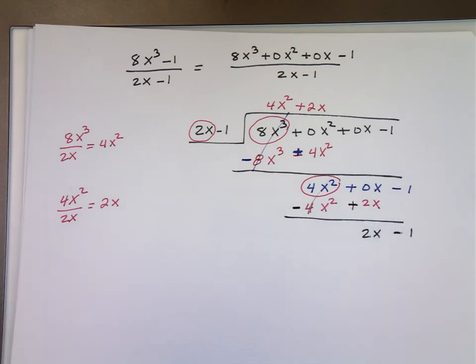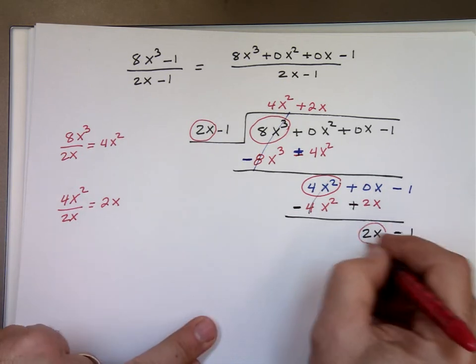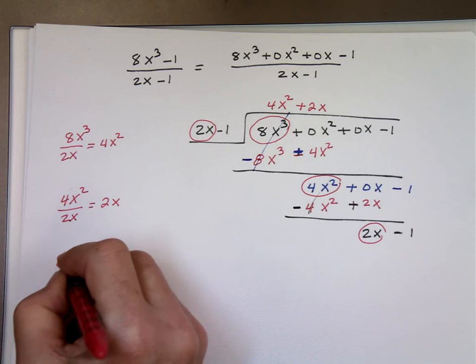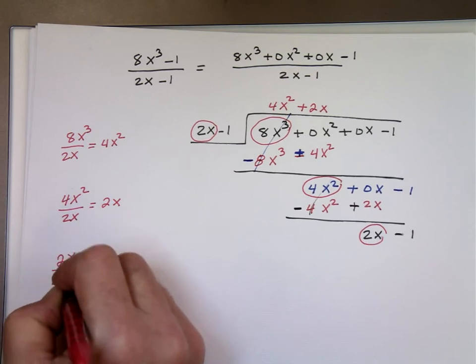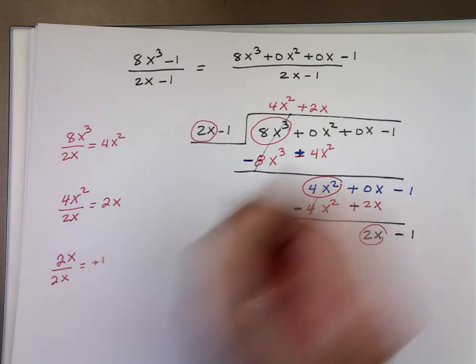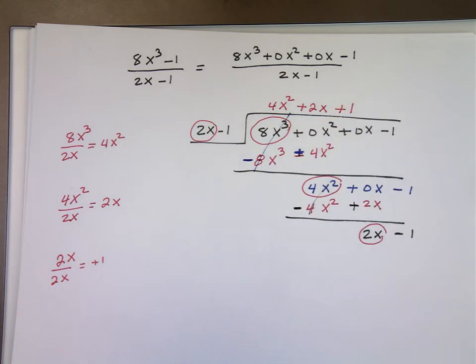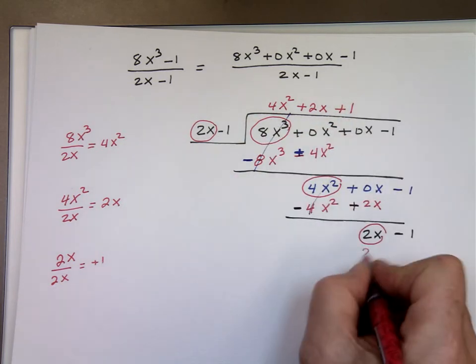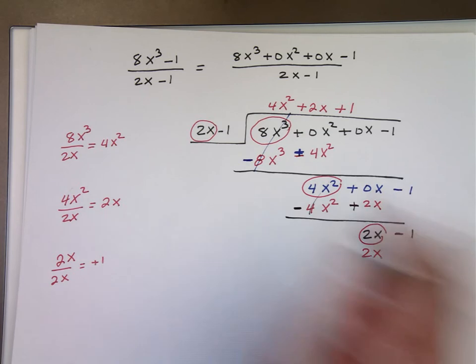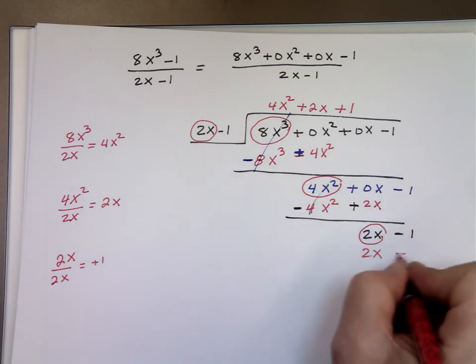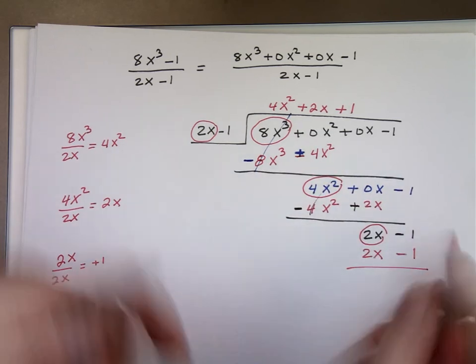Let's continue. What is 2x divided by 2x? Plus 1, right? What's 1 times 2x? What's 1 times a minus 1? And now let's change the signs and add them.